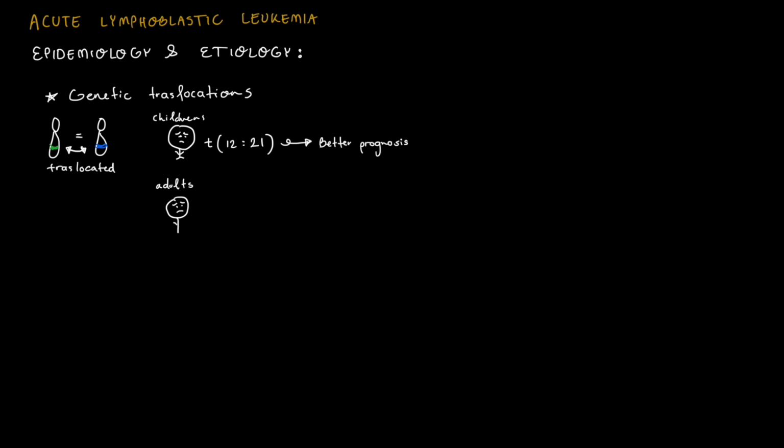In children, we have the translocation 12;21, which has a better prognosis. And also we have the translocation 9;22, which has a worse prognosis and is more frequent in adults. This translocation is also called Philadelphia, because it gives us a gene called BCR-ABL.